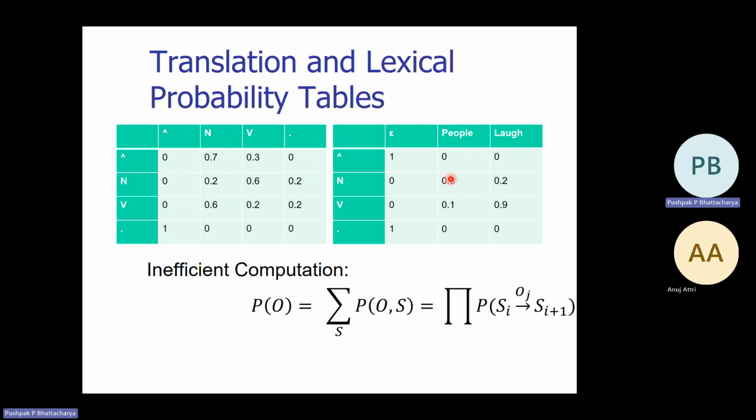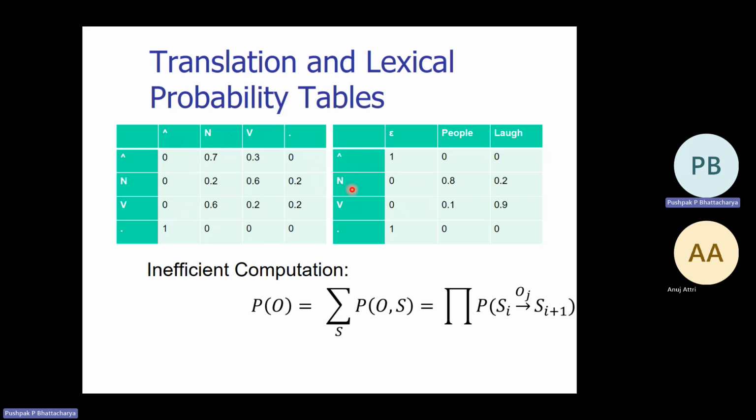Then we have another probability table, which is the emission probability table. The probability of seeing epsilon after beginning of the sentence is 100%. Okay, you do not see anything after this beginning of the sentence because the assumption is that you do the transition to the next state with epsilon.